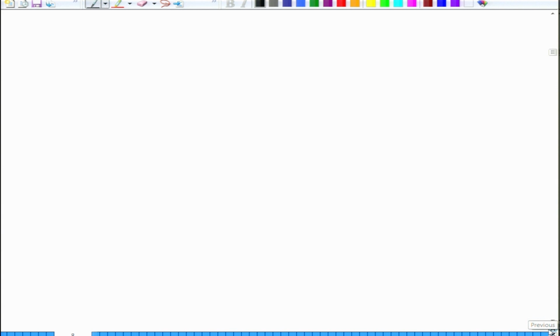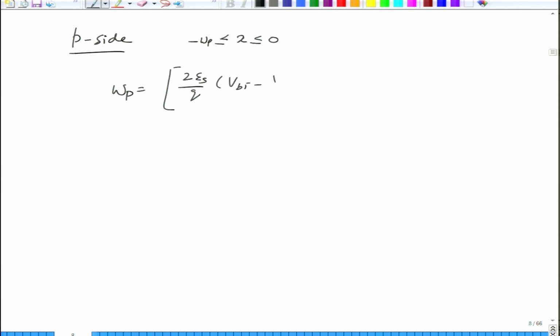Similarly, if you write the same equations for the P side, for x between minus Wp and 0, Wp will become (2 epsilon s by q into (VBI minus VA) into Nd divided by Na into (Na plus Nd)) to the power half.